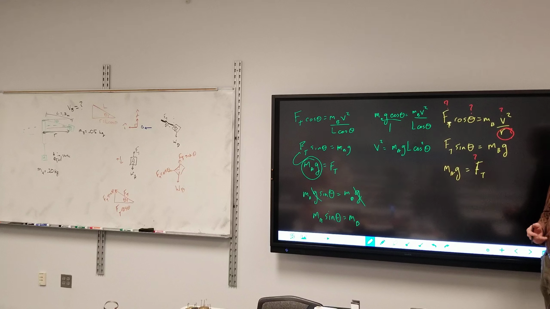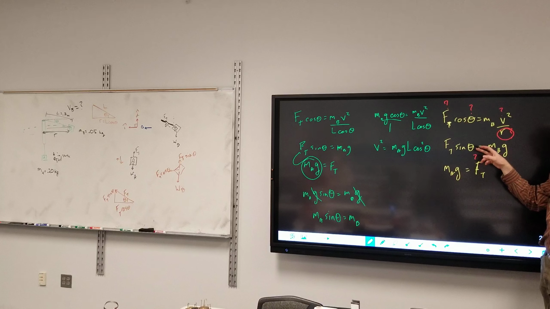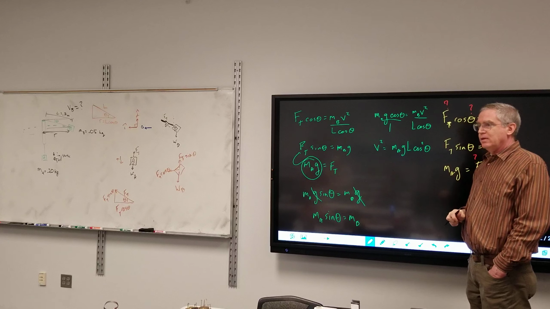It is solvable, solving for v. It's not too complex. There's a different approach that we'll do after this. When you simplify that one, the mag cosine theta equals mb v squared. Oh, mag cosine, this one.